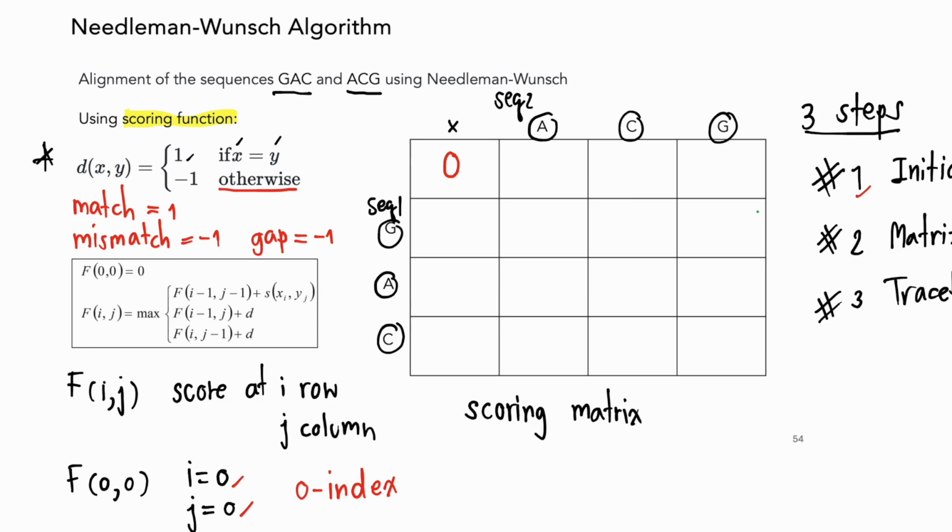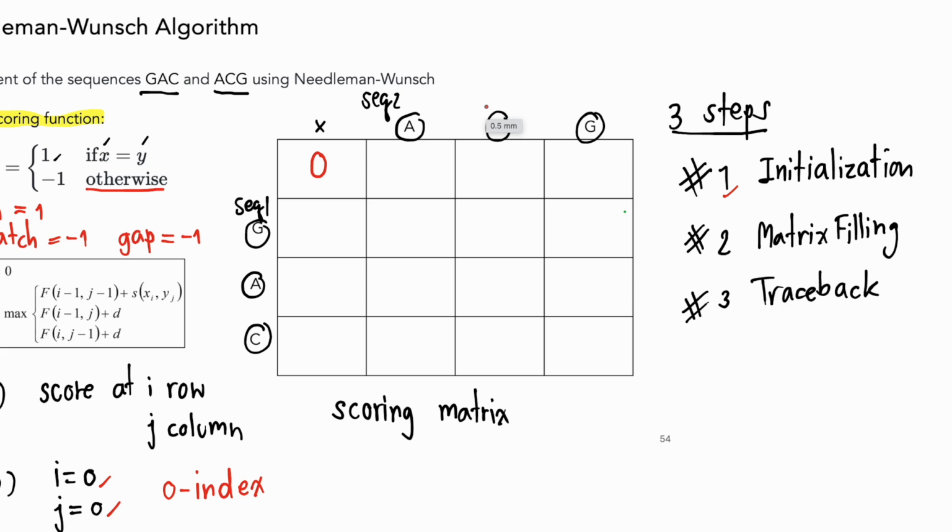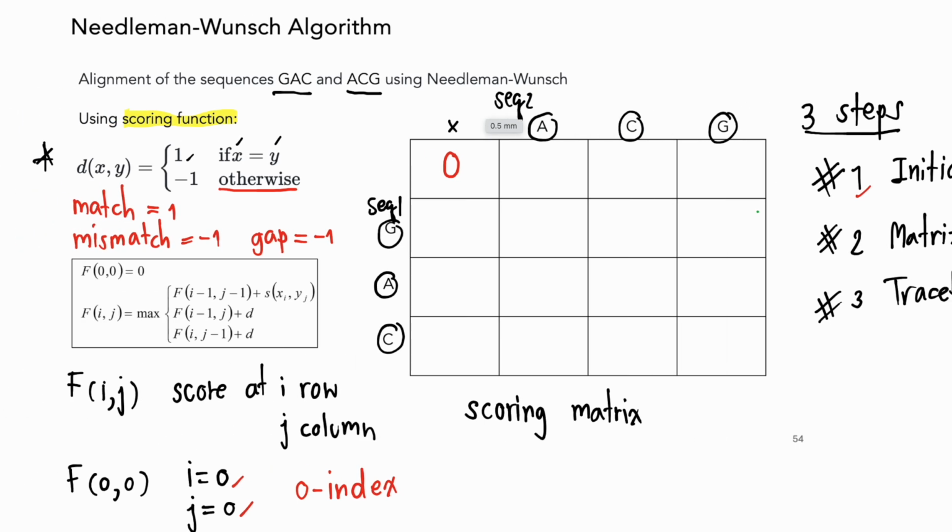So we will work on the initialization step, the first step. I would like you to look at these two lines. You can see that we have to perform addition with d. d means the gap value.